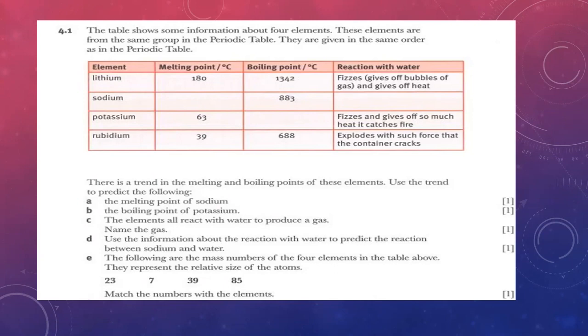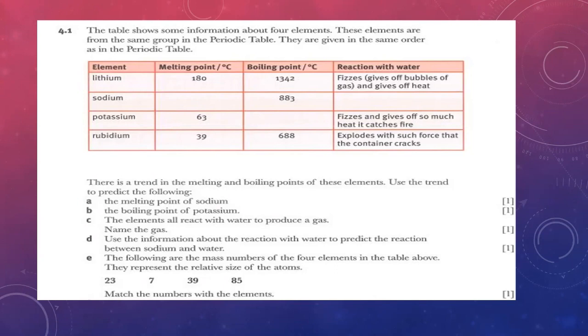The melting point of sodium is lower than 883. Give a number. Any number. Less than 180 and greater than 63.